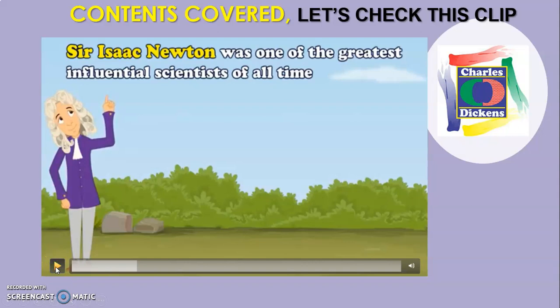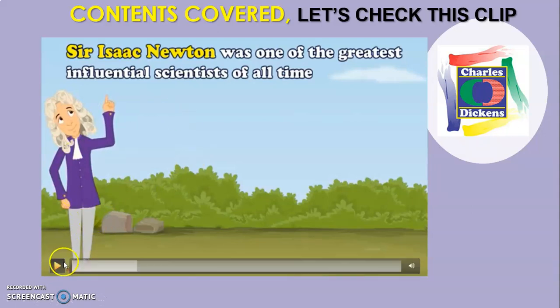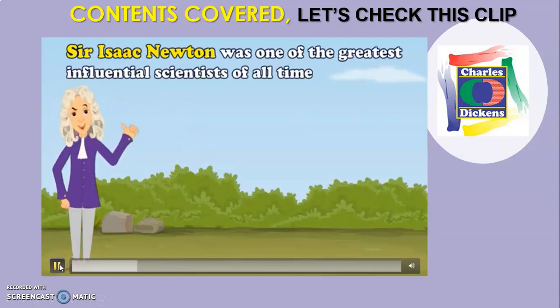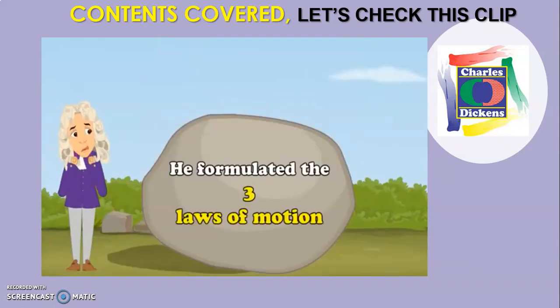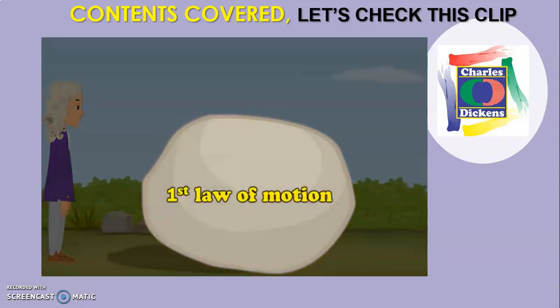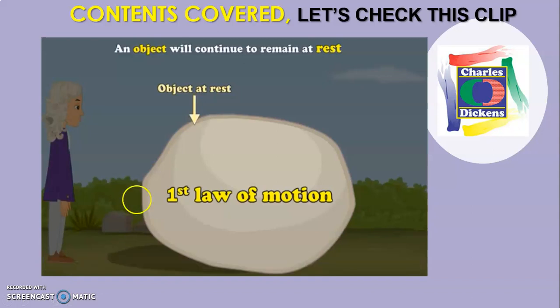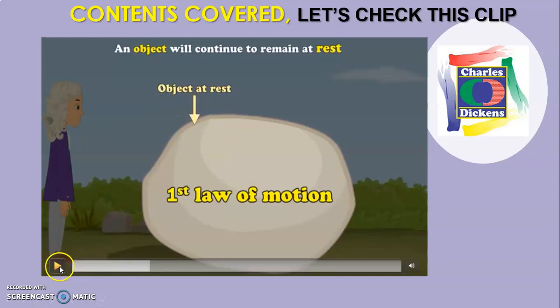Okay, general information. He was one of the most influential scientists of all time. Three laws of motion. We're going to focus on the first one. An object will continue to remain at rest unless another action or force exerts some kind of movement on top of it.